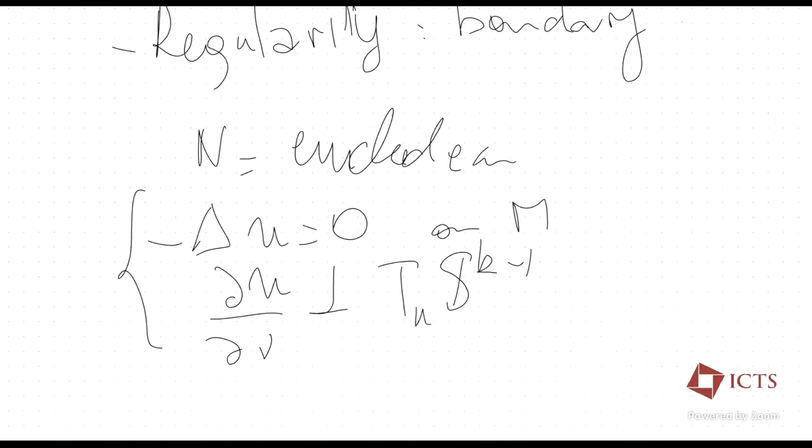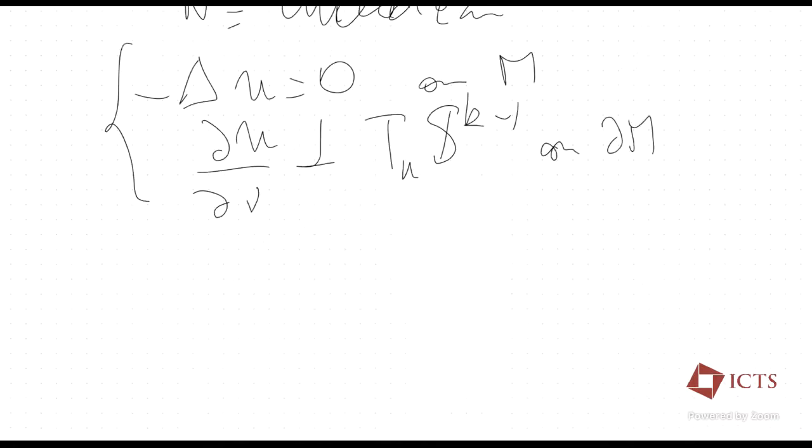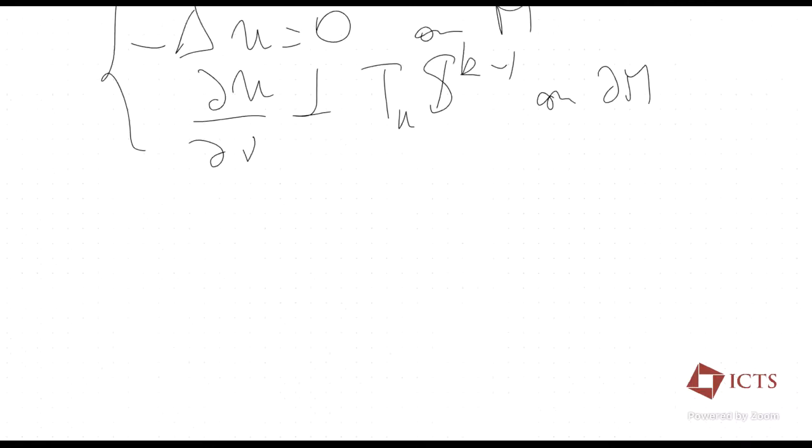But of course, this is on the boundary of M. Now the whole point is that you introduce the Dirichlet to Neumann map of u, which is, by definition, the Neumann trace of u.